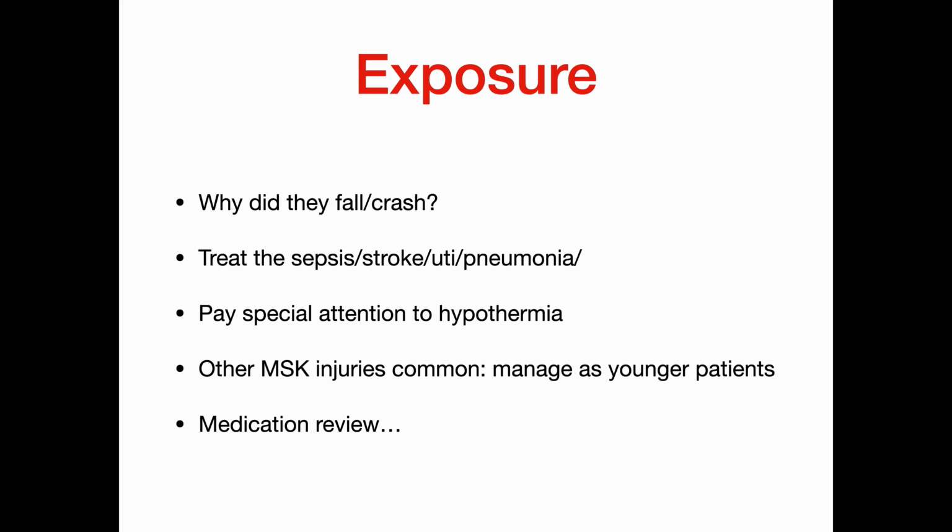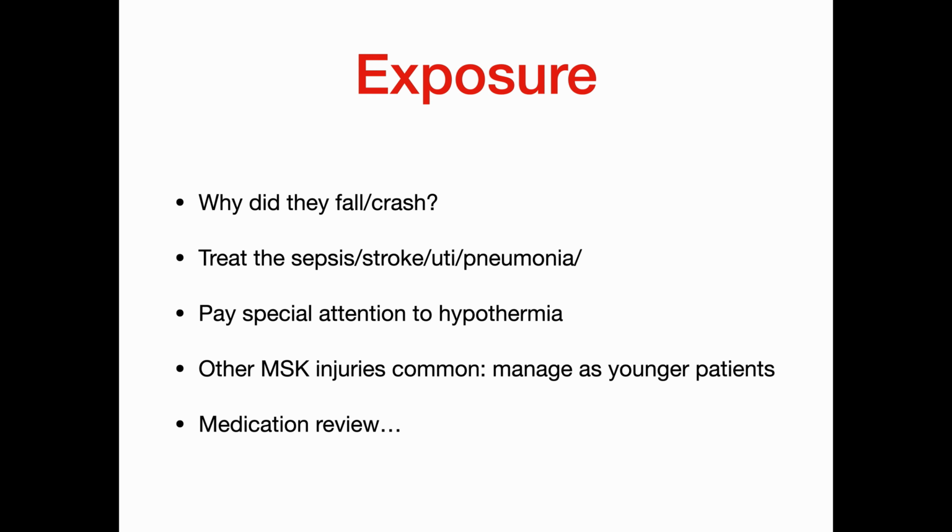Then you need to step back and ask the obvious questions, like why did this person fall or crash their car or get involved in a burn. You need to look for sepsis and treat it. You need to look for strokes and identify them. You need to look for the obvious sepsis sources like UTIs and pneumonias.